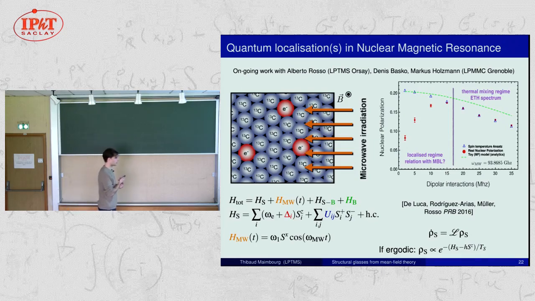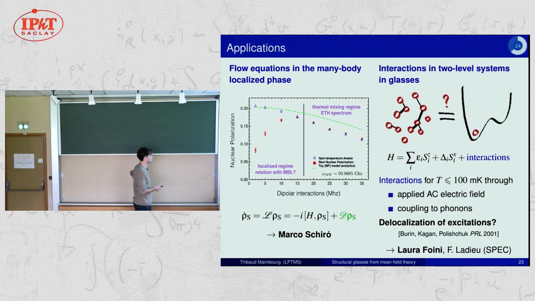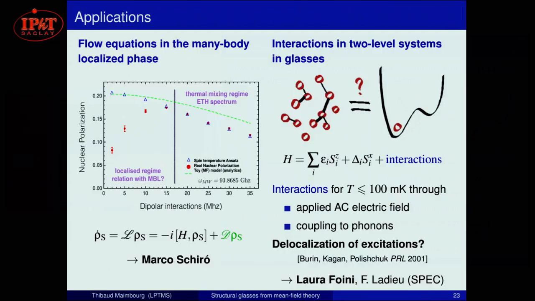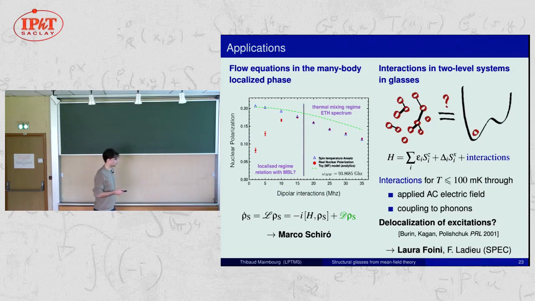Okay, so once I've said that, there are two directions we could explore with this kind of system. The first one is related to the fact that when we simulate this kind of equation, we have a very small number of spins, because the Hilbert space grows exponentially with the number of spins.